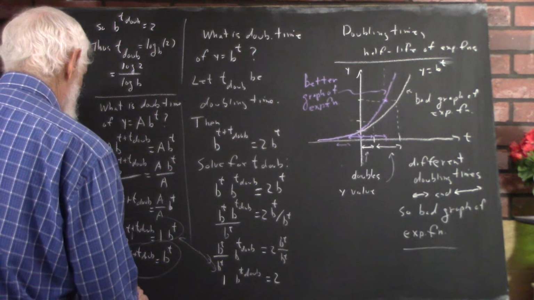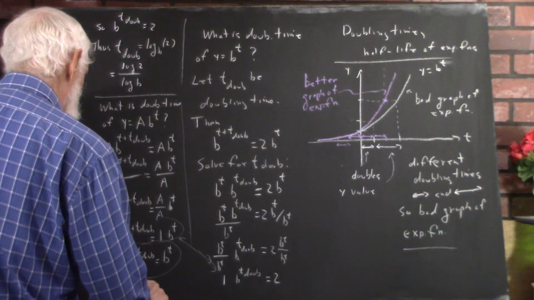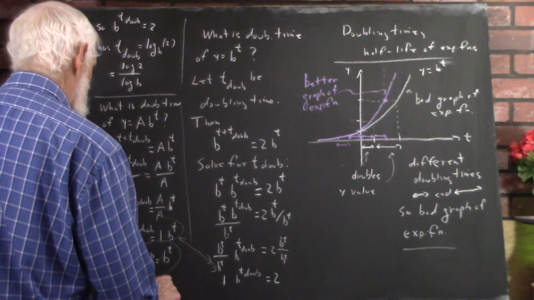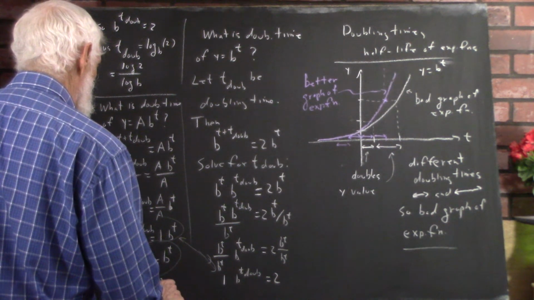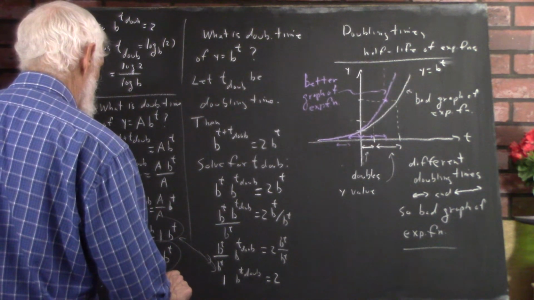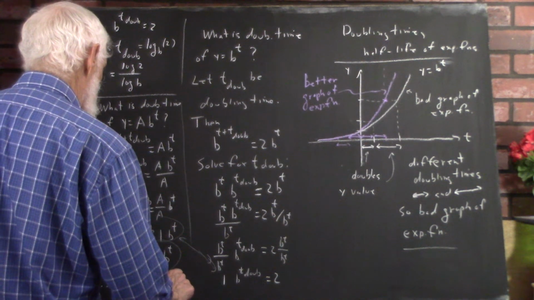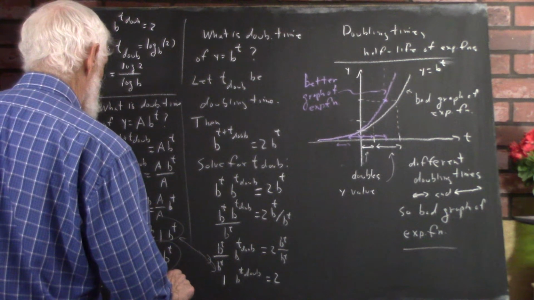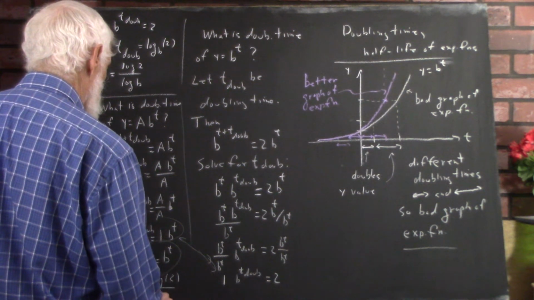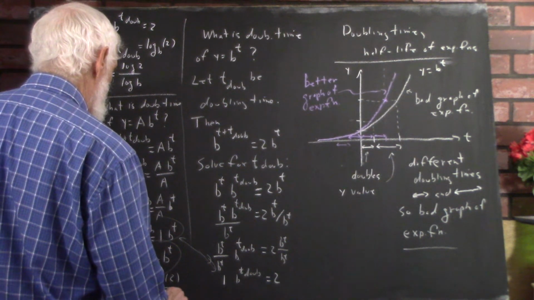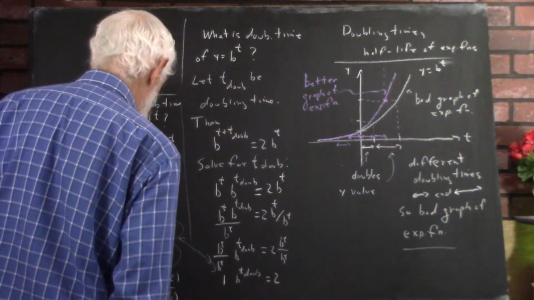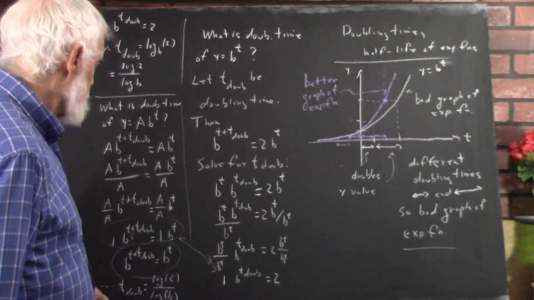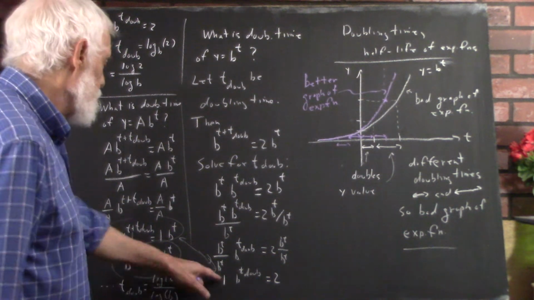And we get t dub equals log of 2 over the log of b. Okay? So it's identical.